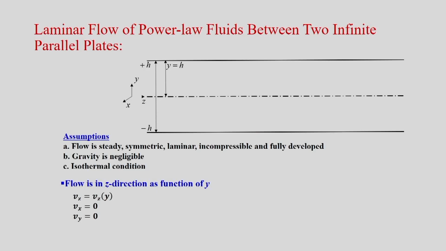From the schematic, we understand the flow is one dimensional, that is, Vz, changing in the y direction. If you draw the profile for a shear thinning fluid, you may get a flatter profile, and if it is a Newtonian fluid, you may get a parabolic profile like this.